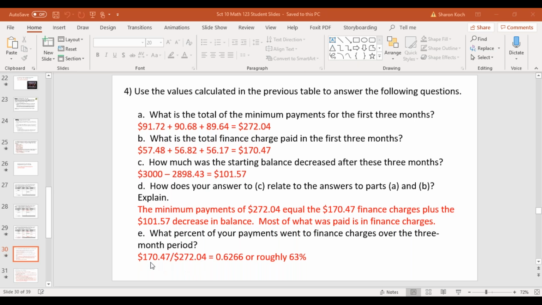And what percent is that? 63% of what I'm paying is actually going to pay off the finance charges. That means only about 30-something percent is going to pay off the actual balance. So almost 2/3 is going to pay off the finance charge.